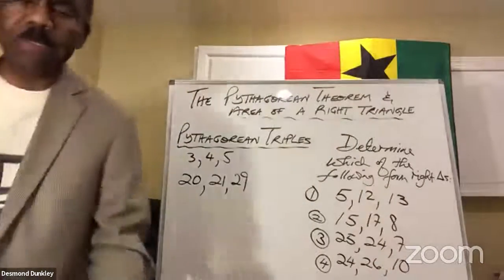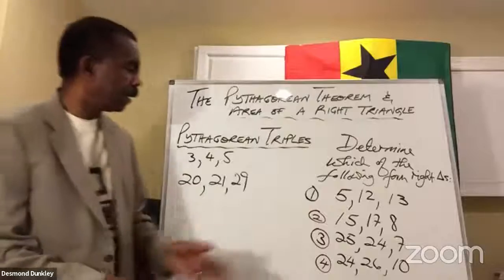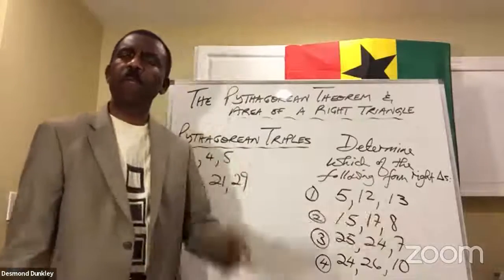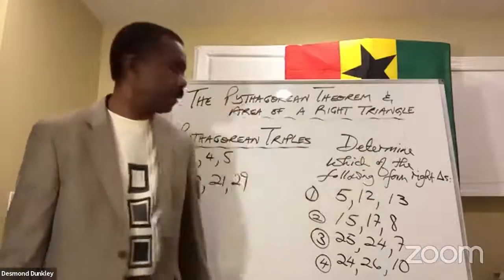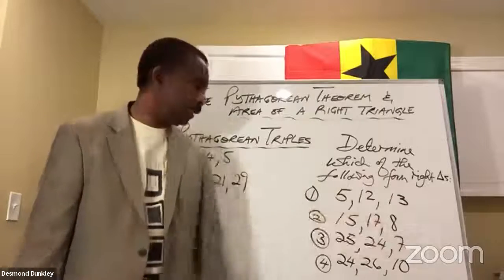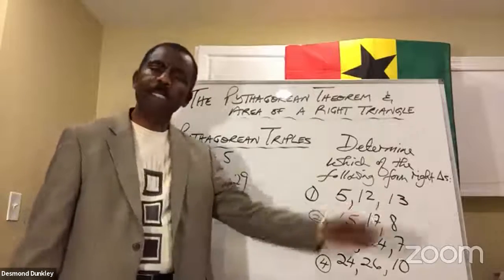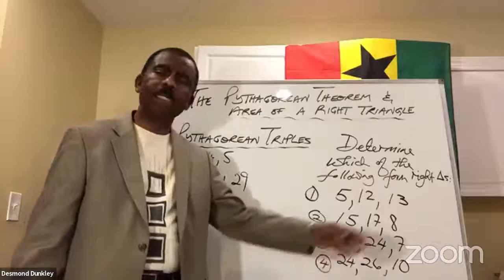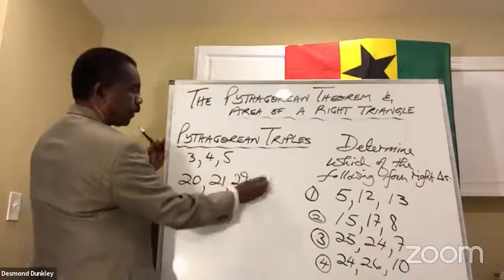We have 3 questions. 5, 12, and 13. Will those 3 sides form a right triangle? 15, 17, and 8. 25, 24, and 7. 24, 26, and 10. So let's go.